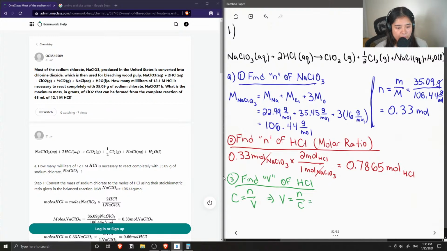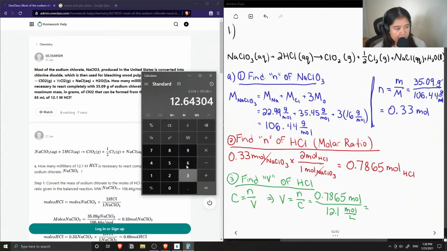We found the number of moles to be 0.7865, and the concentration is given in the question. It is 12.1 moles per liter. Now our moles will cancel out and we're left with our liters.